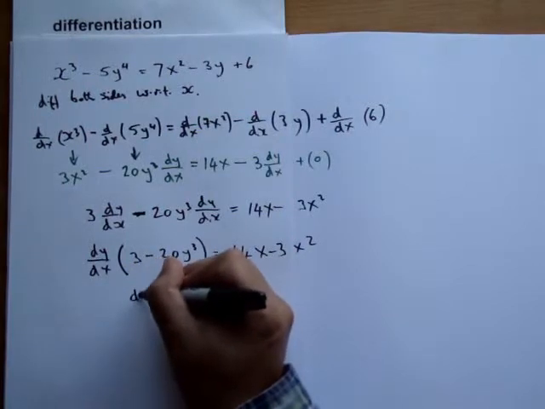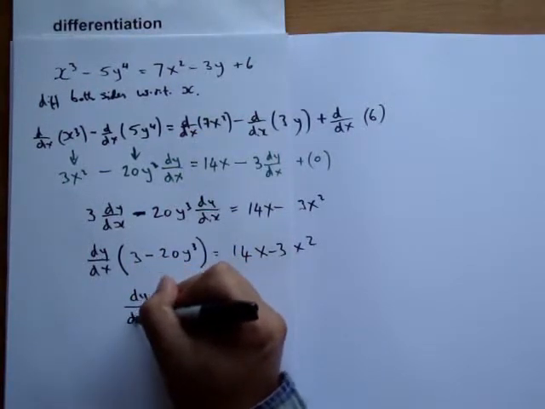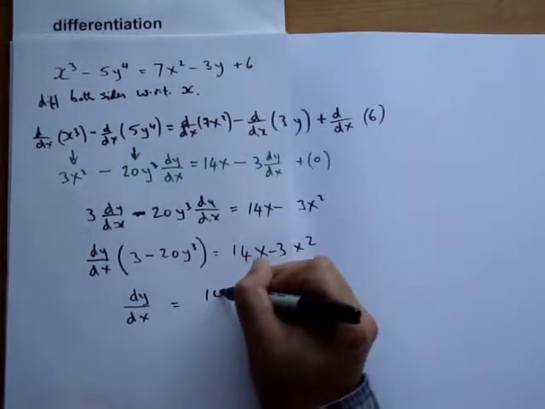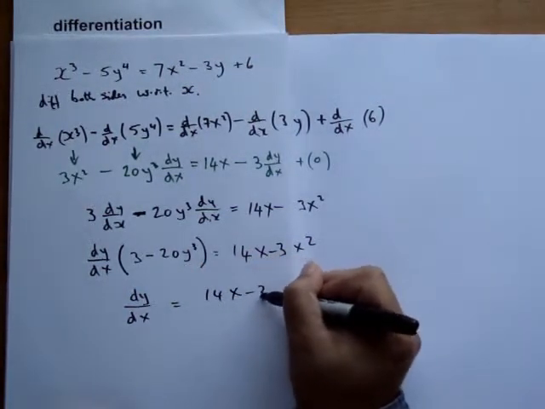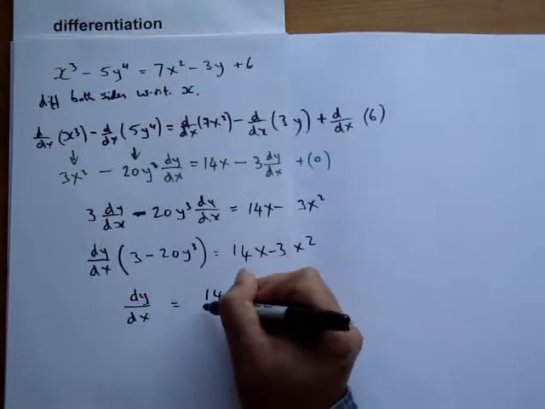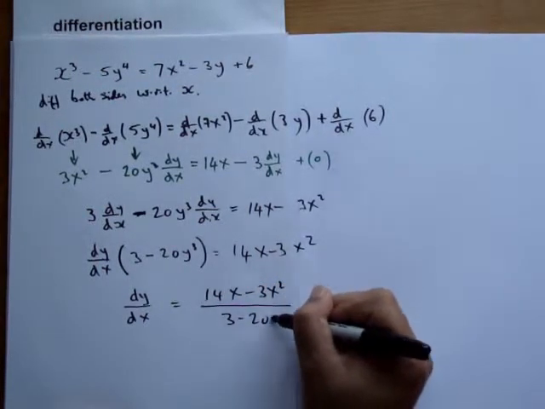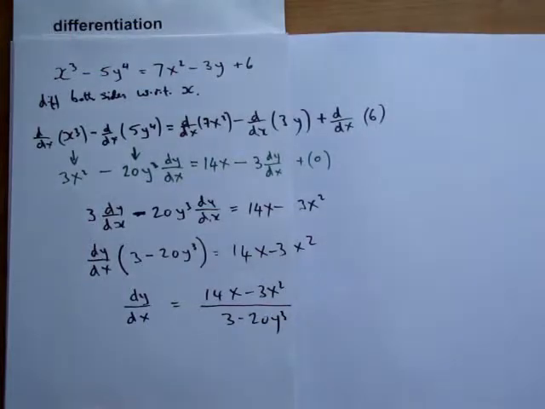Keeping the dy by dx onto one side, we have the 14x minus 3x squared all over 3 minus 20y cubed. And that is your answer.